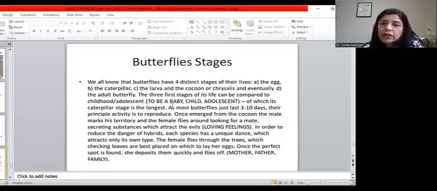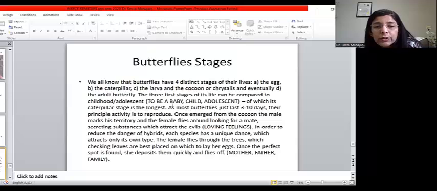The first 3 stages of its life can be compared to baby, child and adolescent, of which the caterpillar stage is the strongest. As most butterflies just last for 3 to 10 days, their principal activity is to reproduce. Once emerged from the cocoon, the male establishes its territory and the female flies around looking for a mate, secreting substances which attract males, loving feelings.